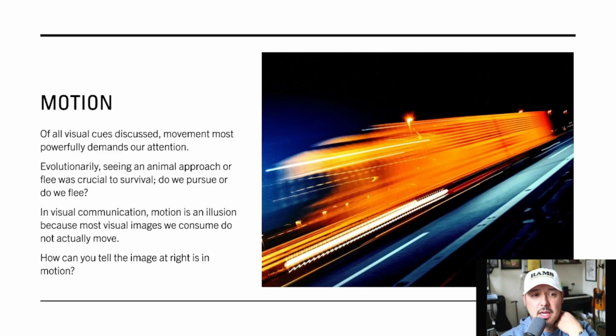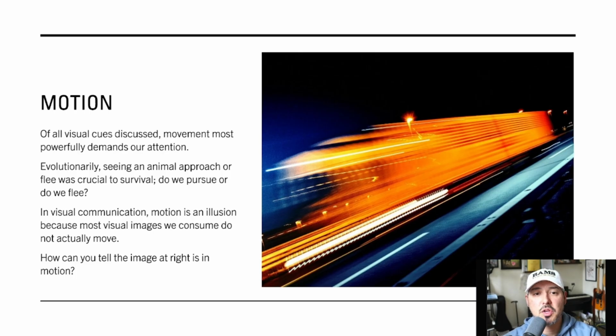In visual communication, motion is really an illusion, because most visual images we consume do not actually move. Even motion pictures do not actually move. So how do you tell that the image at right is in motion? One really common way to do that in still images is motion lines. You might think of, in a comic book, when someone punches, they'll have swooshy lines behind it, or someone's flying, they'll have lines to show that Superman is flying through the air.